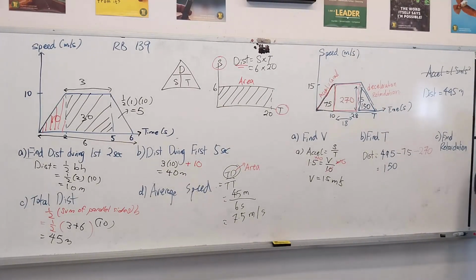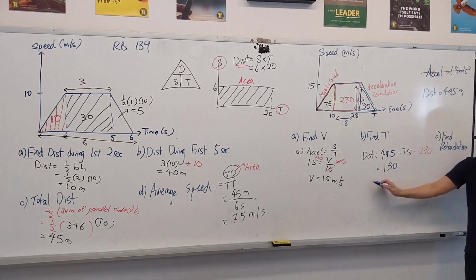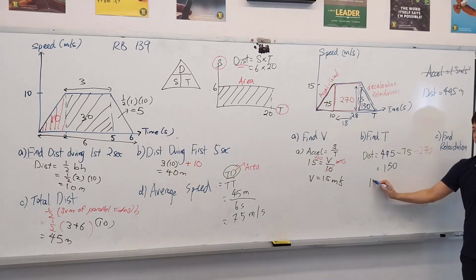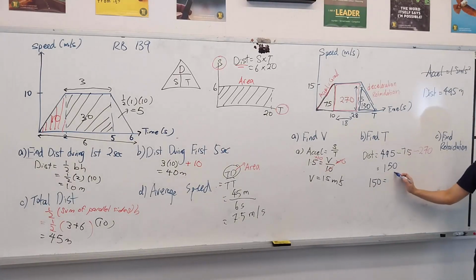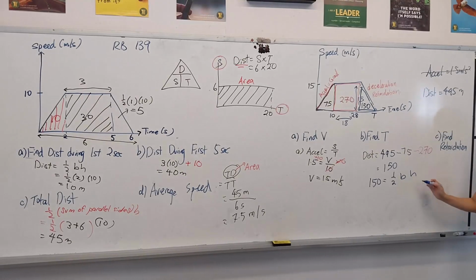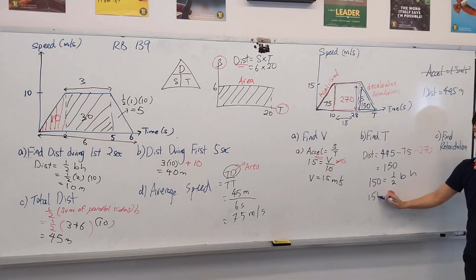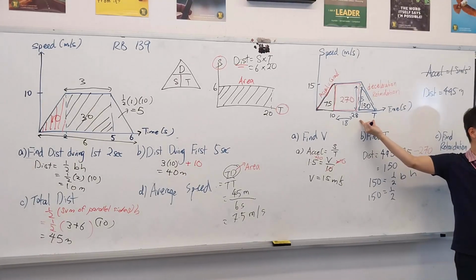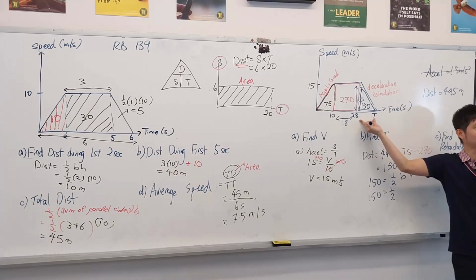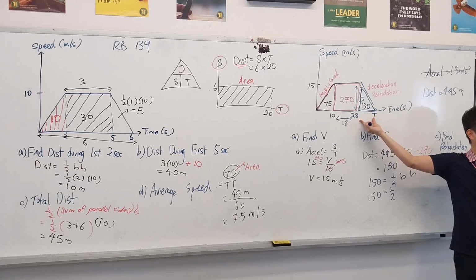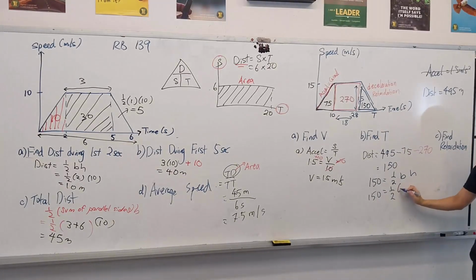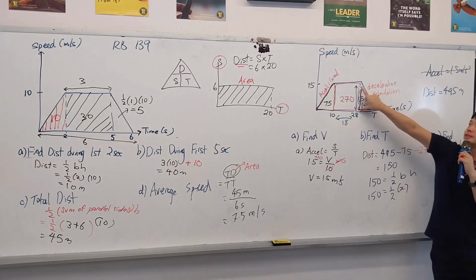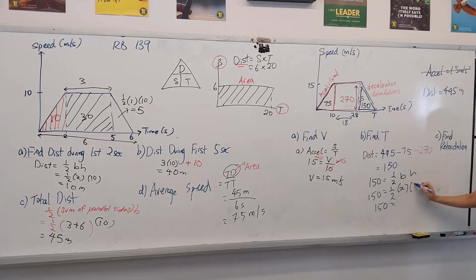So how do I find t then? Okay, so I know that this is the area, right? So area equals half times base times height. Okay, let's try to plug it in. How long is the base? Don't know. I tell you, don't know, what do you put? x. Okay. And what is the height? 15.